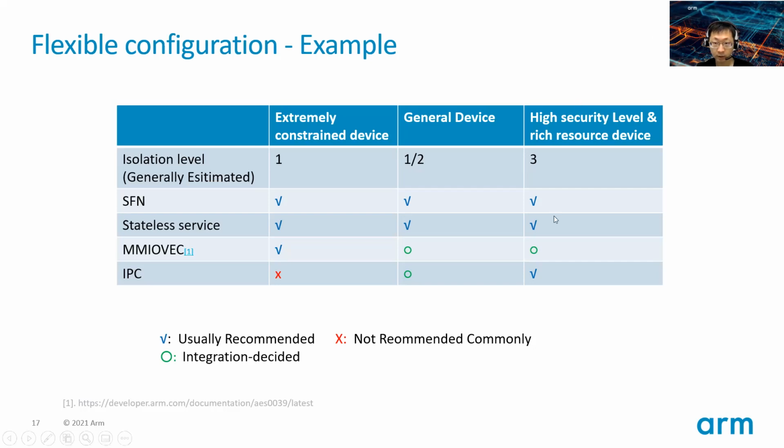If on a high security level with a very resource-rich device, developers can use all these advantageous features to achieve the best security level and not influence the performance. This table shows some possible combinations. The final choices depend on developers and the real application scenarios.